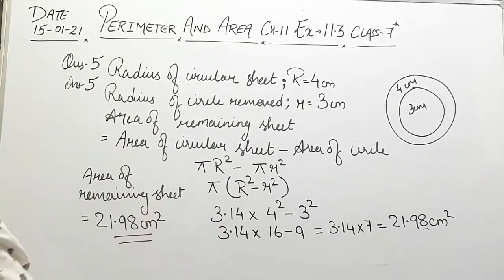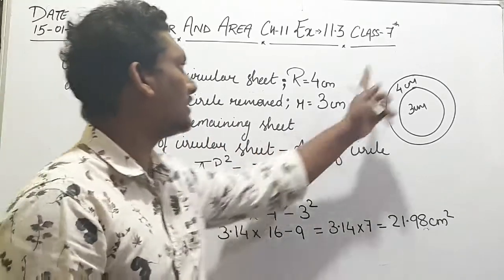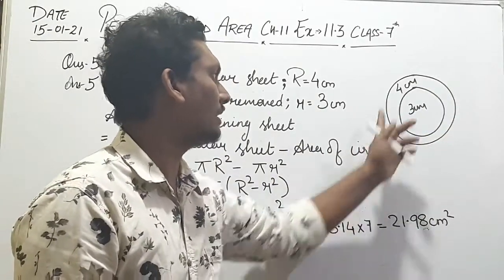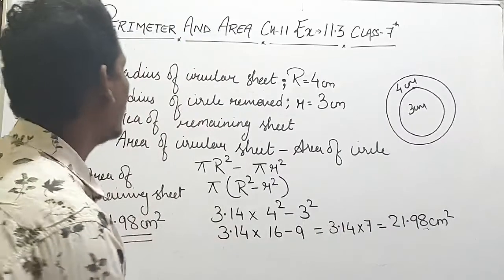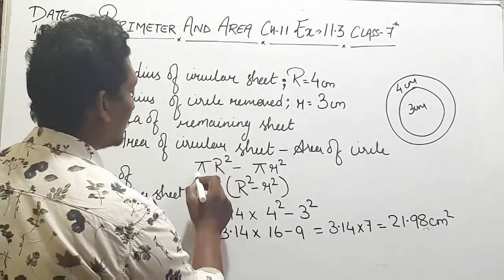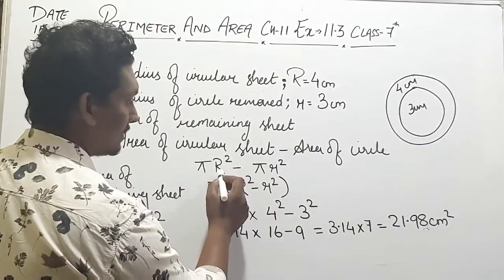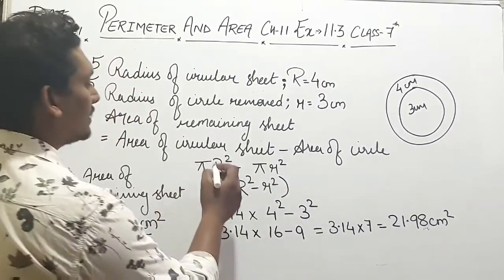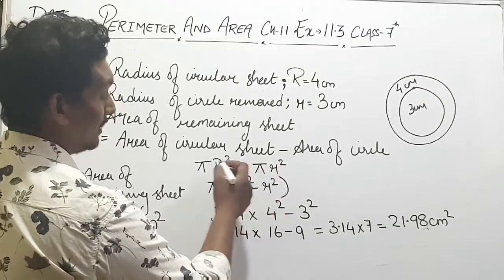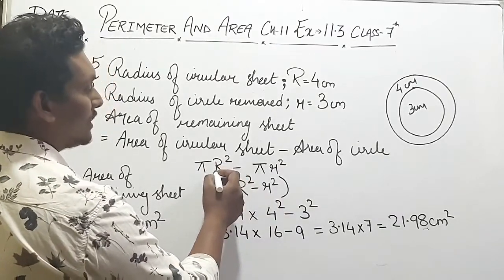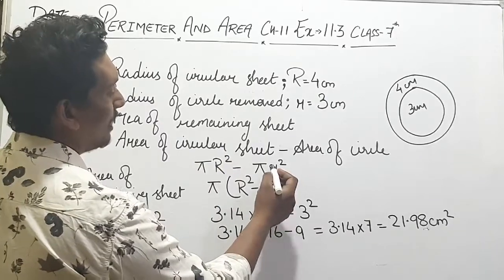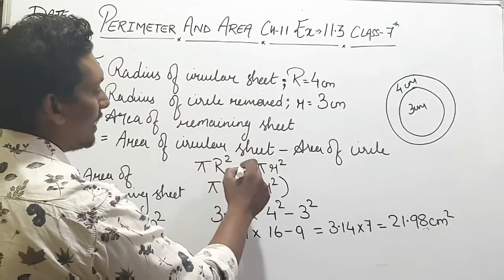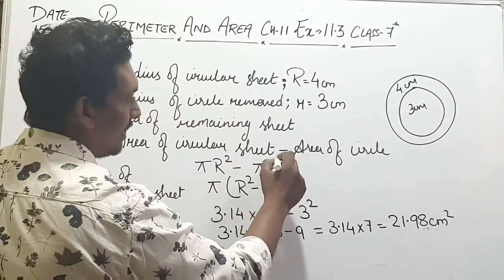So area of remaining sheet is area of the big circular sheet minus area of the smaller circle. So pi capital R square minus pi small r square, where capital R is for the big circle and small r for the smaller circle.